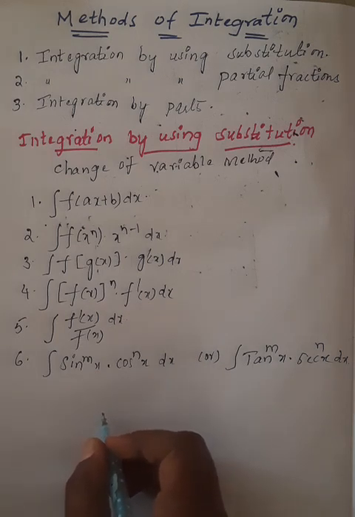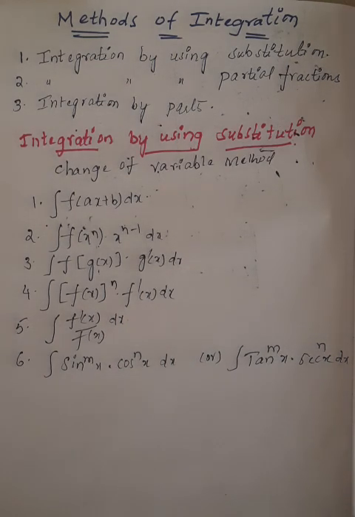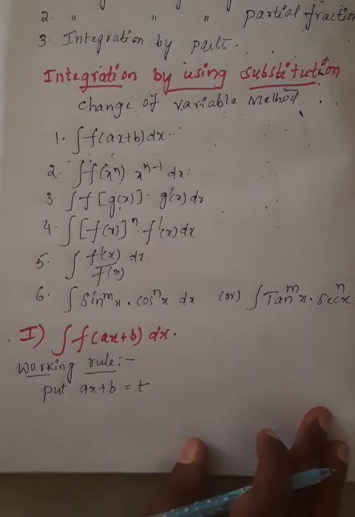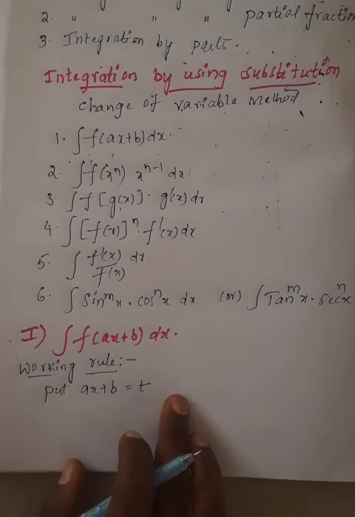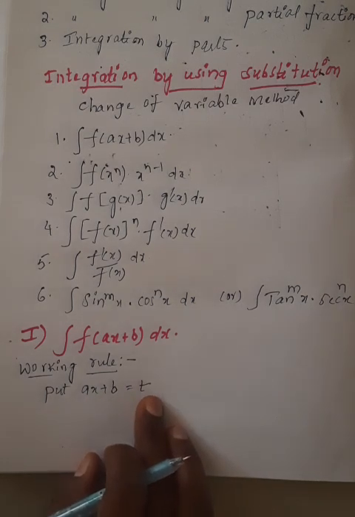Now I will start with our first form, integration of f of ax plus b into dx. The working rule for this integral, where integration of f of x dx is in a standard form: first of all, we have to put ax plus b equal to another variable t, because the name itself says it is the change of variable method.